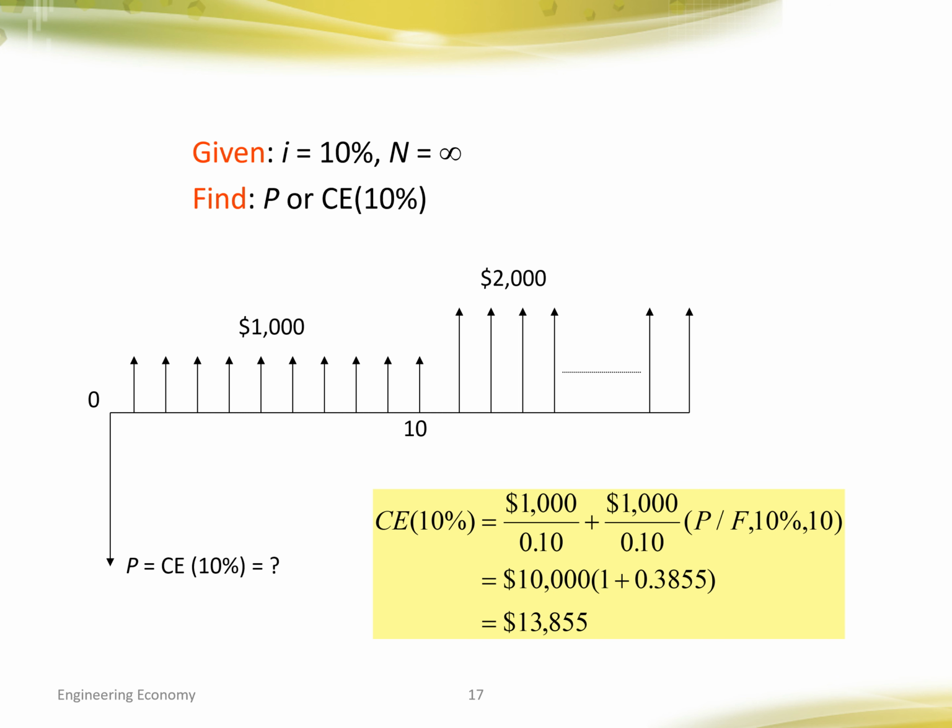Then we need to take it from that point to the present time, so it is given F find P, 10% for 10 years. So the result is 13,855. So you dramatically simplify the way that we compute the result.